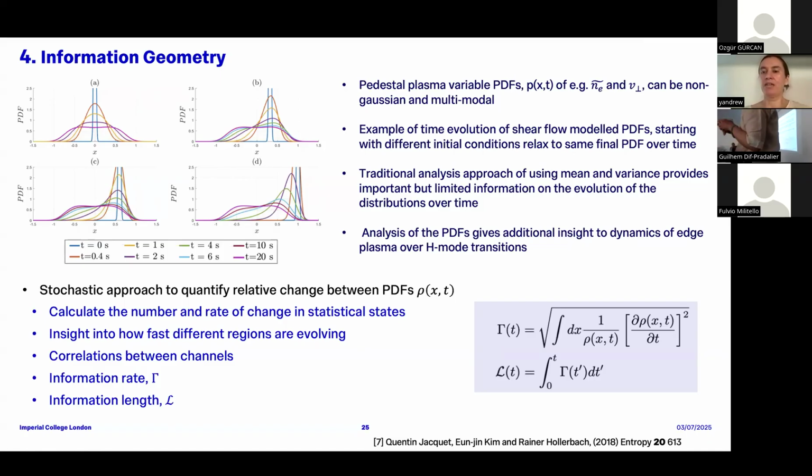There are two metrics. One is a rate at which the PDF is changing, and one is an information length, which is dimensionless. It's a way to think about the changes in the statistical state. The longer the information length, the greater the number of statistical state changes that the system has.